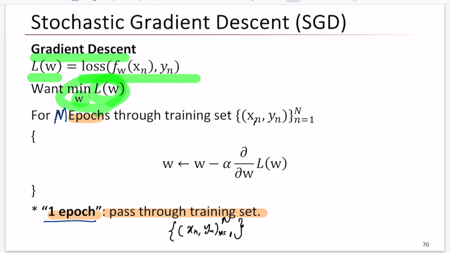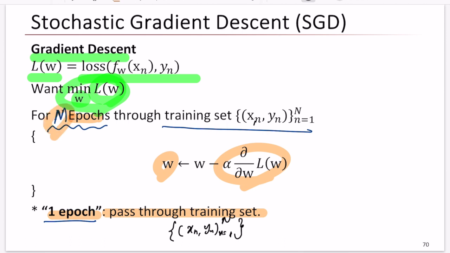So it means that M epochs means pass through all the training data, compute the loss gradient, update the W, and repeat M times. This is just going to be the gradient descent algorithm. Why?